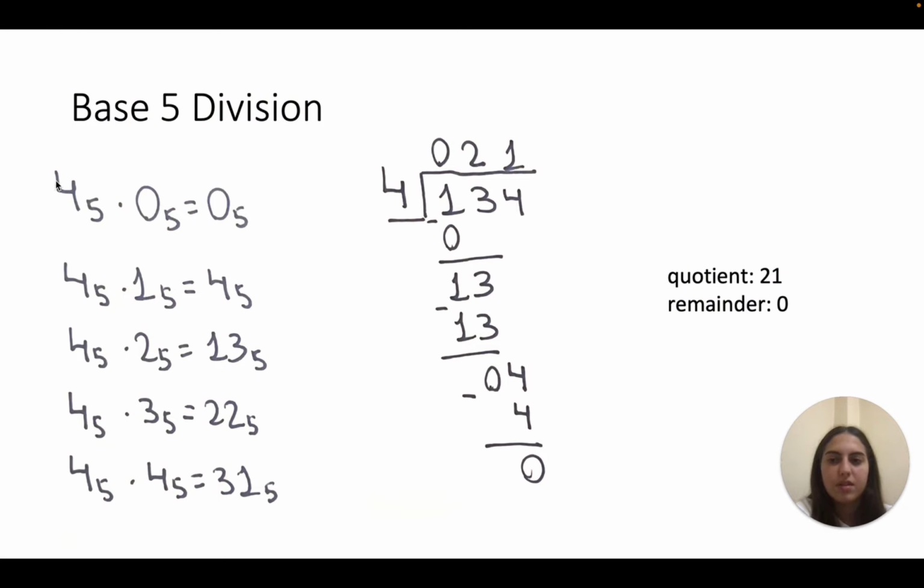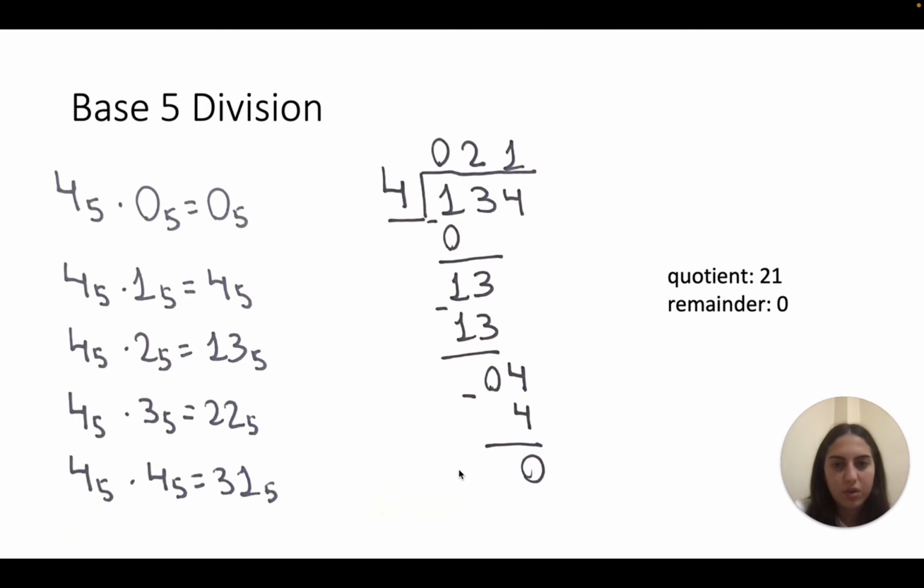So in our case, we have 4 and all its multiples. 4 multiplied by 0 is 0, 4 multiplied by 1 is 4, 4 multiplied by 2 is 8 in decimal, which is 13 in base 5 if we convert it, 4 multiplied by 3 is 12 in decimal, 22 in base 5, 4 multiplied by 4 is 16 in decimal, and 31 in base 5.